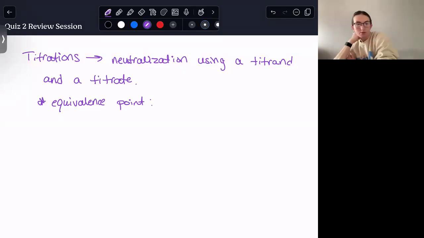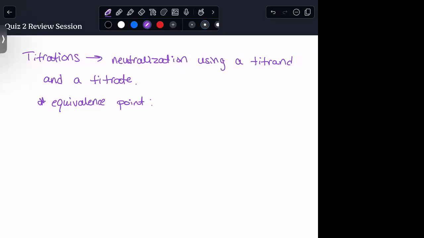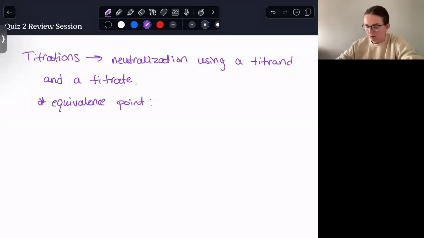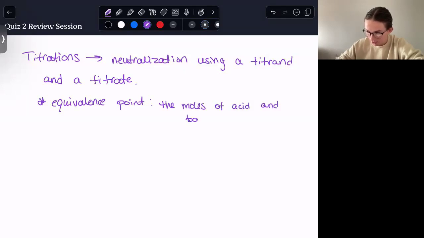What happens at the equivalence point? When both of them are limiting. Yep, so both of them are limiting, or another way to say that is that the moles of acid and base are equal, right? So you don't have extra acid or you don't have extra base. You have the same number of moles of acid and base.